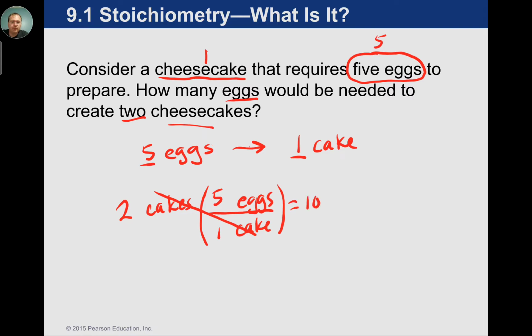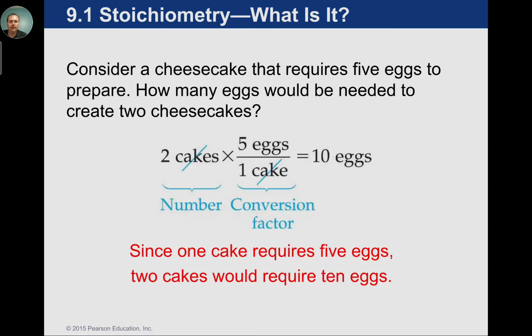So that just requires 10 eggs in the end. So again, this is not meant to be a difficult problem. It's just meant to show you that stoichiometry sounds fancy, but it's really just calculating how much. And that's what we're going to see a lot of in these next several chapters as we wrap up this semester.